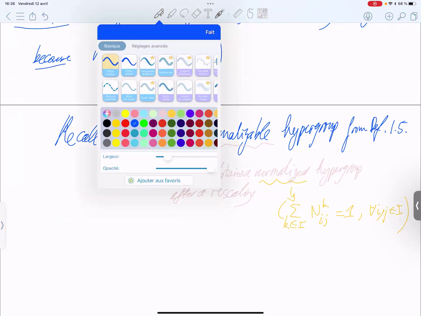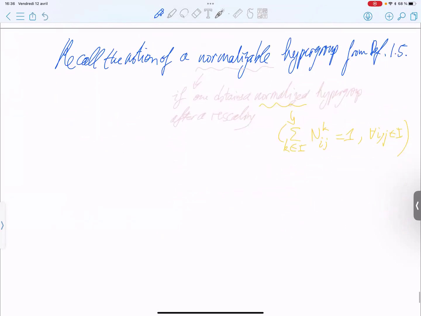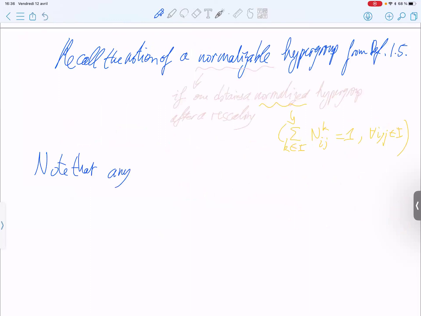Before that, let me note this straightforward statement. Note that any rescaled normalizable hypergroup is also normalizable because the rescaling only involves non-zero coefficients. Alpha_i is non-zero.